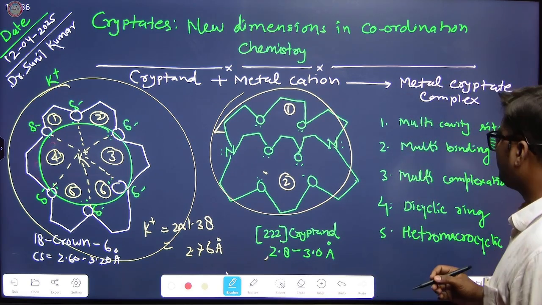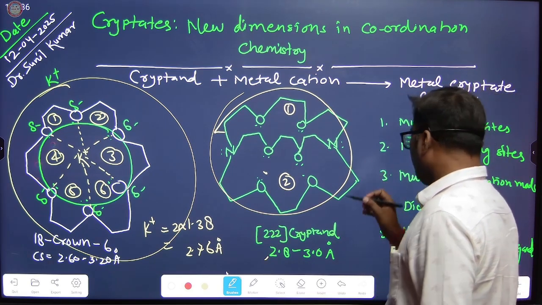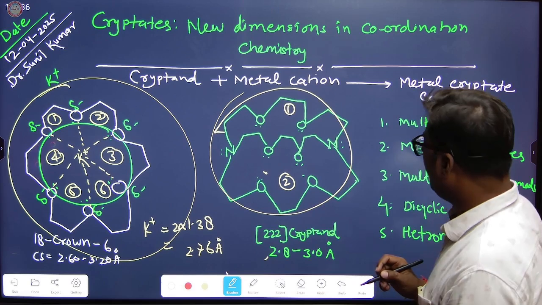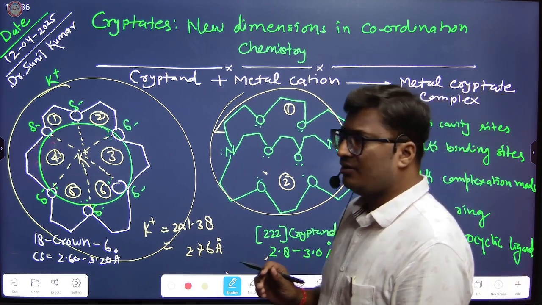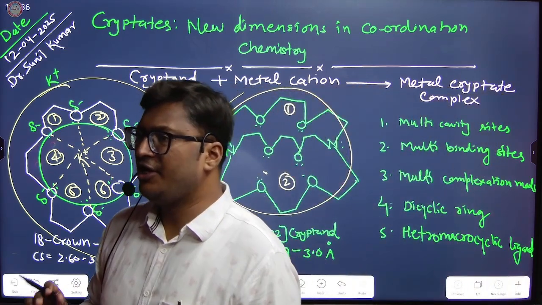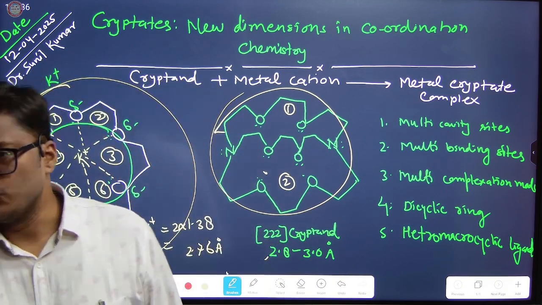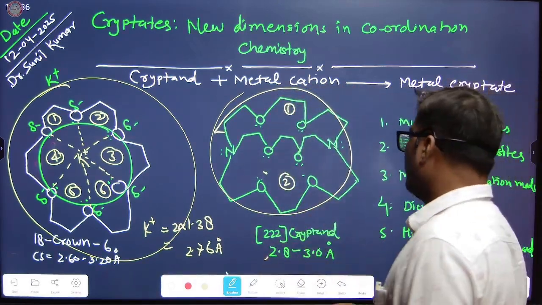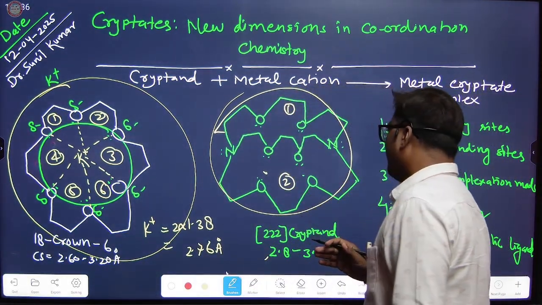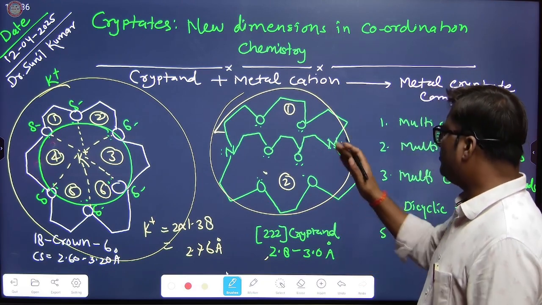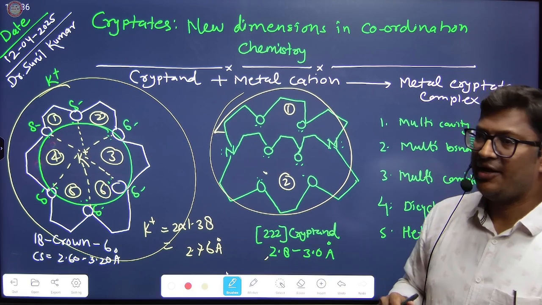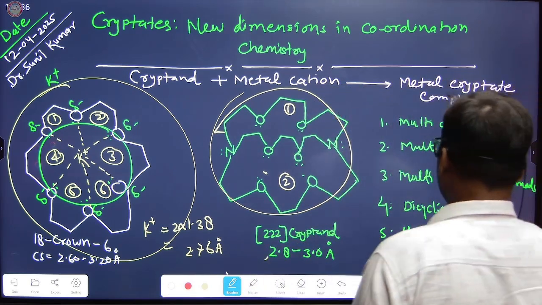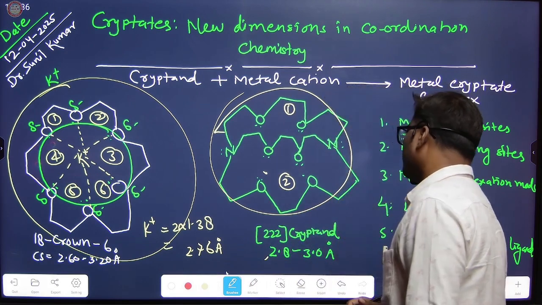And what is the meaning of cryptand actually? Cryptand comes from the Greek word kryptos, which means hidden, or you can say it can capture the cation and hide it completely. So the name cryptand is derived, right?